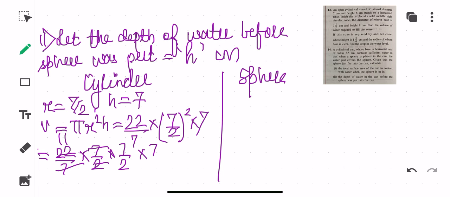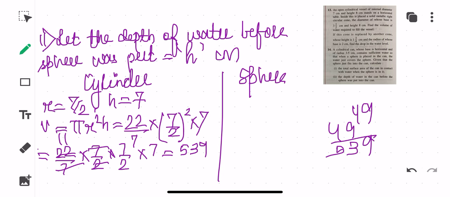So I am getting 7 into 7, that is 49 into 11, which is 539 divided by 2. So this is what I am getting, the volume of the cylinder.